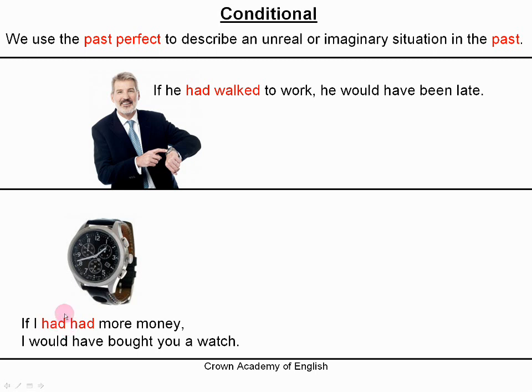So the verb have is being used as an auxiliary verb. And this is the verb have being used as the main verb. So it looks strange, it looks a bit weird, but it is perfectly correct. It is the past perfect of the verb have. Had, had.